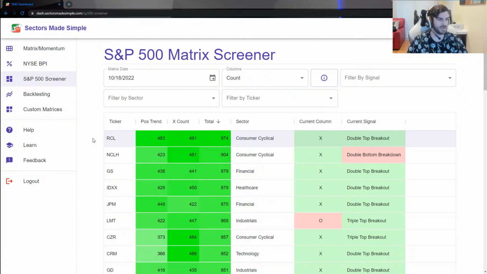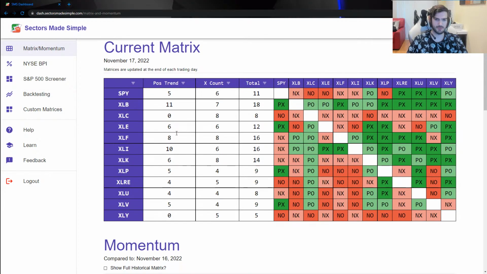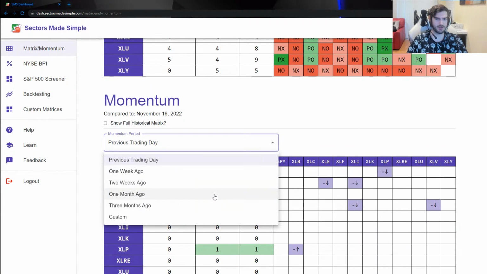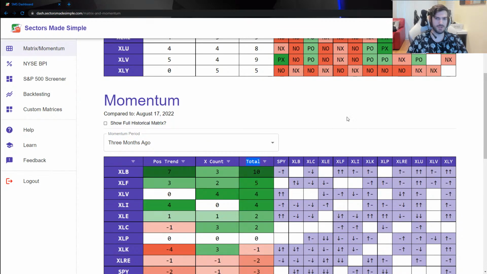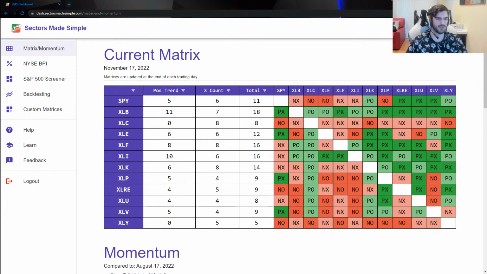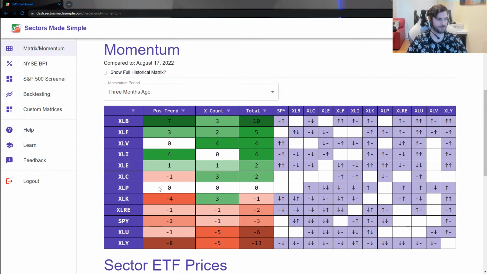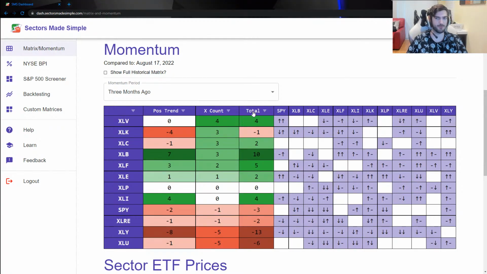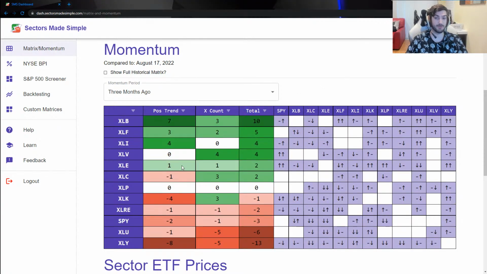So are you saying to look at the 3 months ago matrix like this? So comparing the matrix from yesterday to the matrix from 3 months ago. In that case, healthcare has the largest change, short term of 4, but the highest overall change was materials.